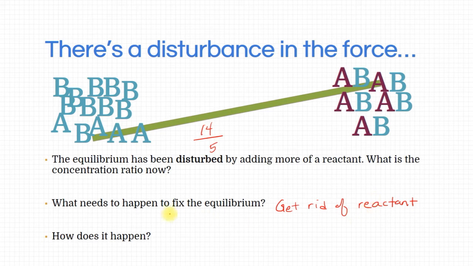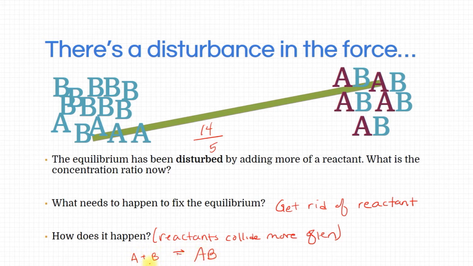So what happens is reactants collide more often than they were, which means that you produce more AB. If we wrote this as a reaction, A plus B, instead of having an arrow where they're equal in size, we would show it more like this. A teeny bit goes backward, mostly it's going forward to make more of the product. So we're going to use up some of the reactant and produce product.